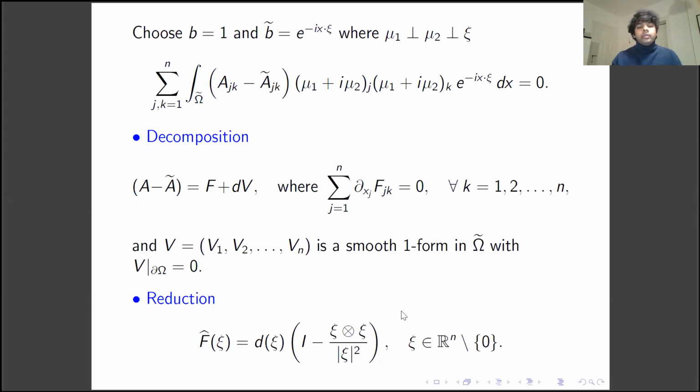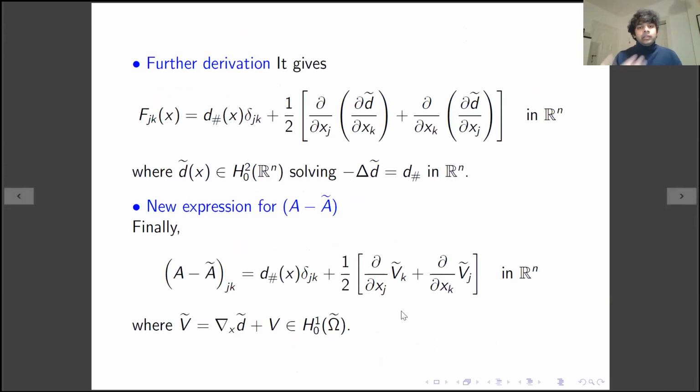So we can have an expression for F. So in particular, we prove that in the x space, we can write f_jk equals d sharp plus some half, and this is the symmetric gradient part: del/del x_k of del d tilde/del x_k and del/del x_k of del d tilde/del x_k.